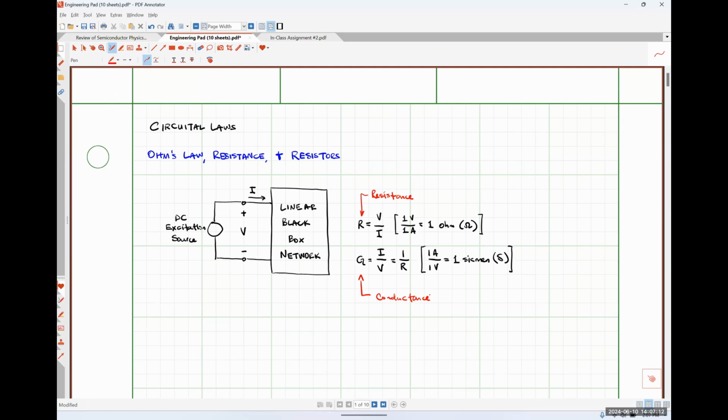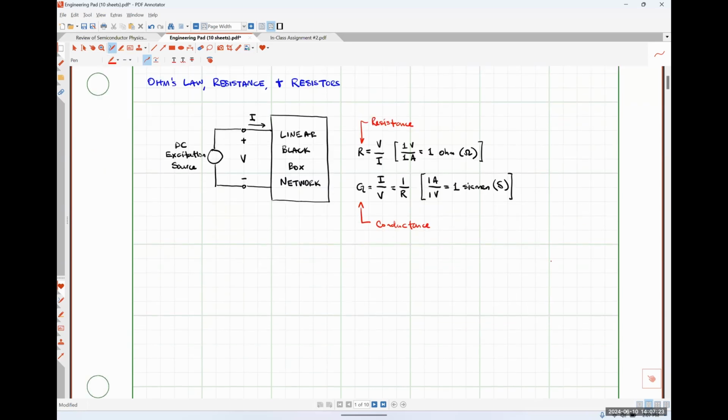All right, so resistance and conductance play incredibly similar roles. In fact, let's define them here really quickly, using words as opposed to mathematical relationship, okay?